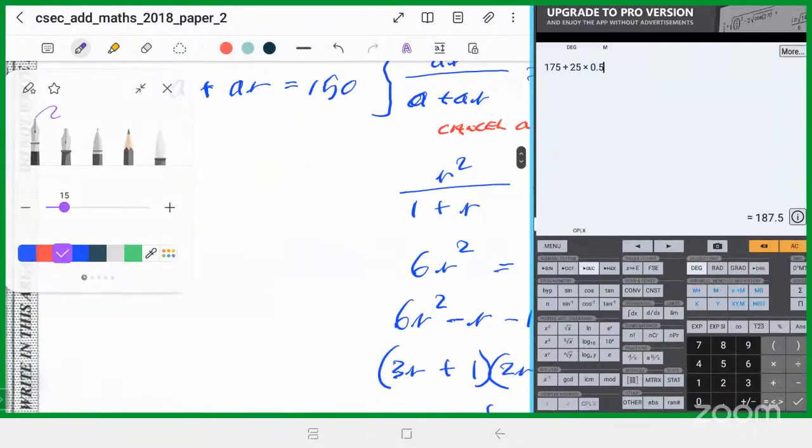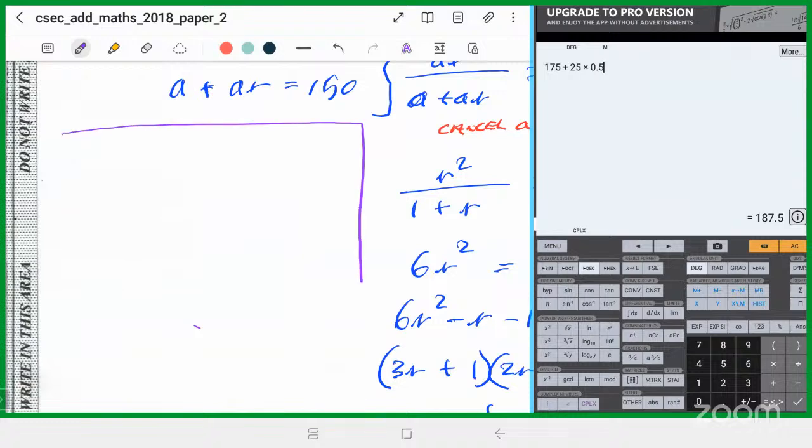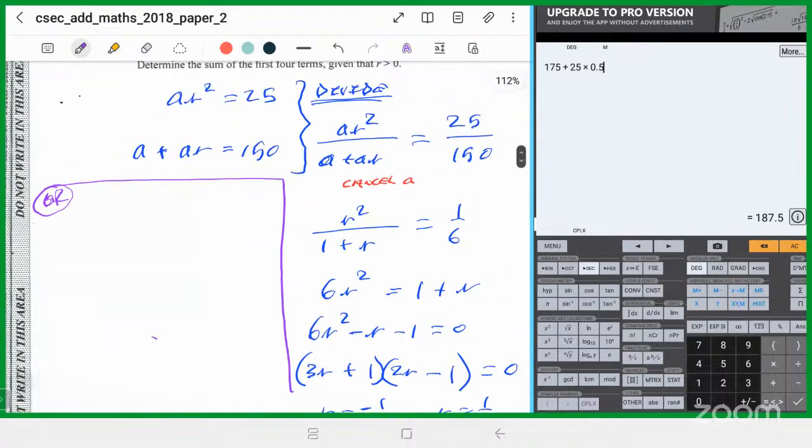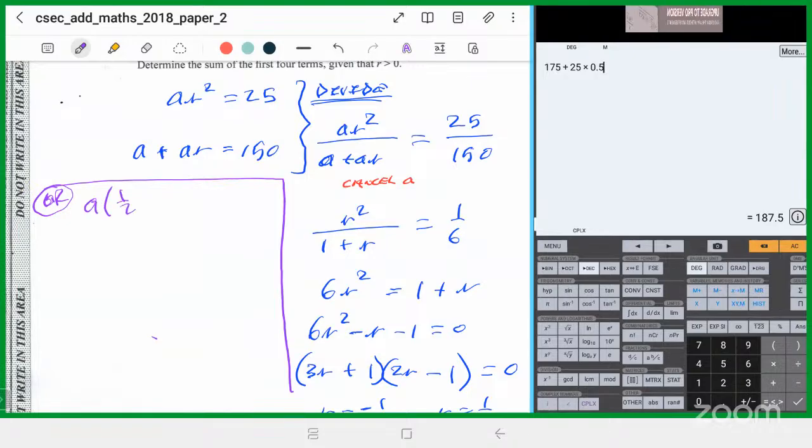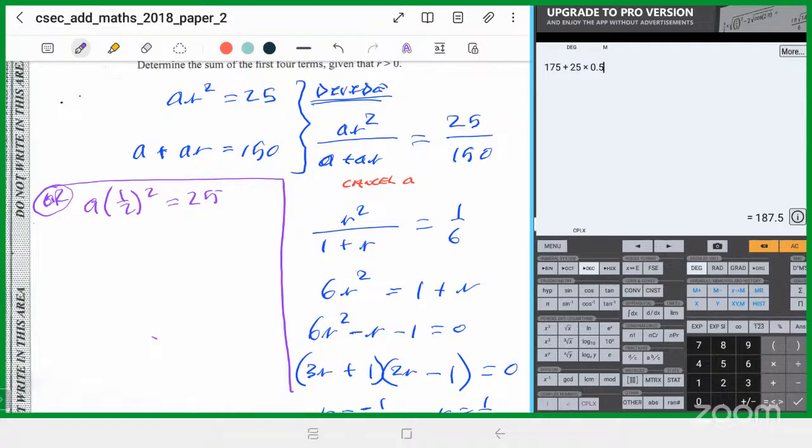Let's put it in this box. Let's put R beside it. So to find the a, I could put in a half in this, right? So you have a times half squared equals 25. This is a quarter. You have to multiply both sides by 4 to get what the a is, so the a becomes 100.